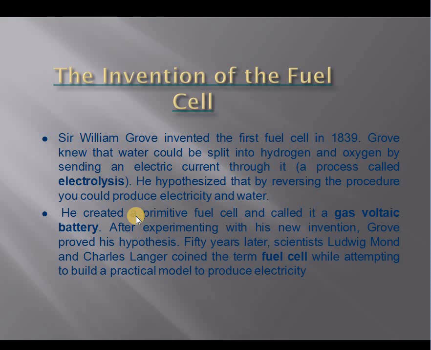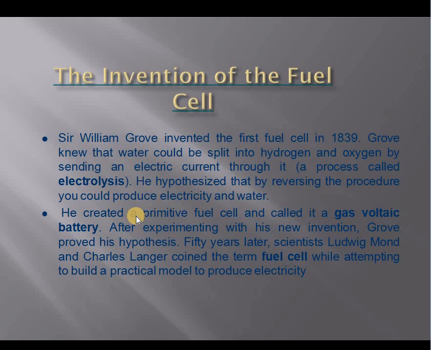So the fuel cell was invented by Sir William Grove in 1839. Grove had an idea that water could be split into hydrogen and oxygen by sending an electric current through it, and this process was known as electrolysis, and is presently also known as electrolysis. So he hypothesized that by reversing the procedure, you could combine hydrogen and oxygen to produce electricity.